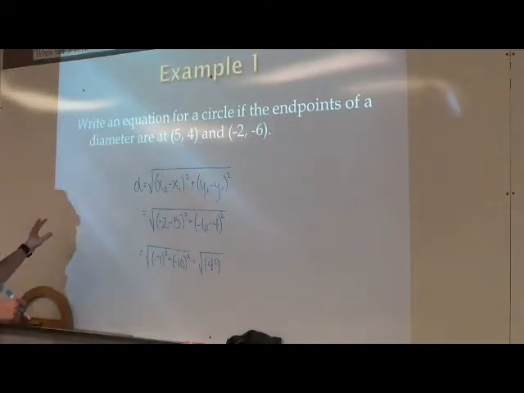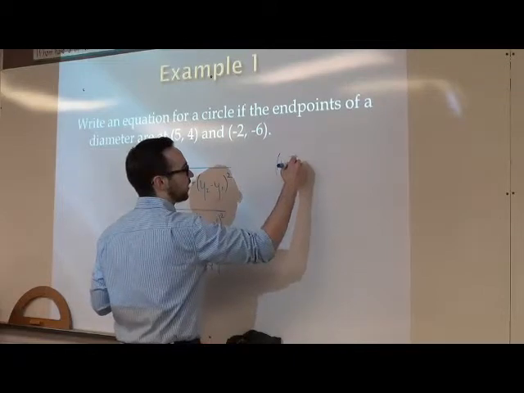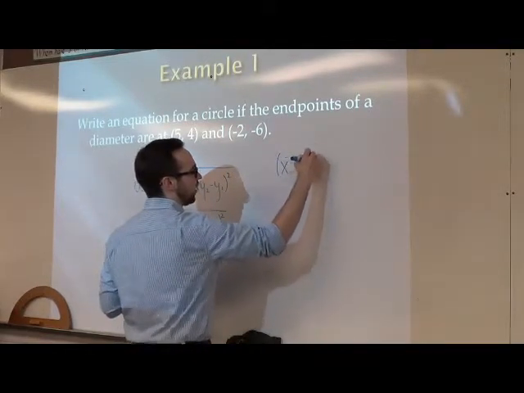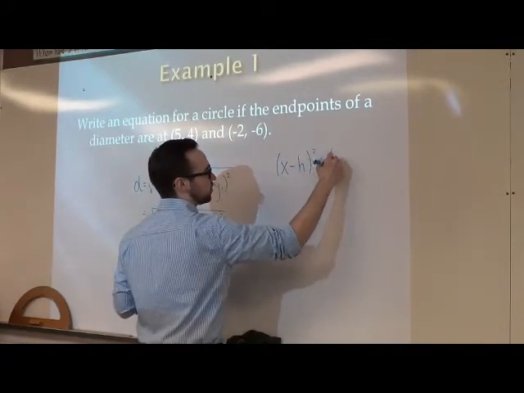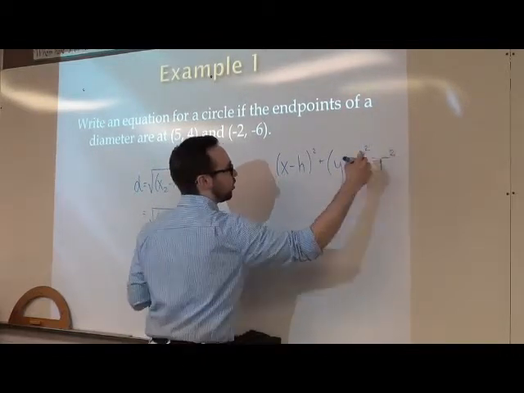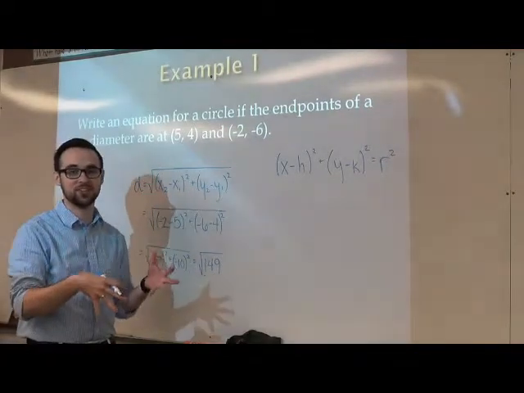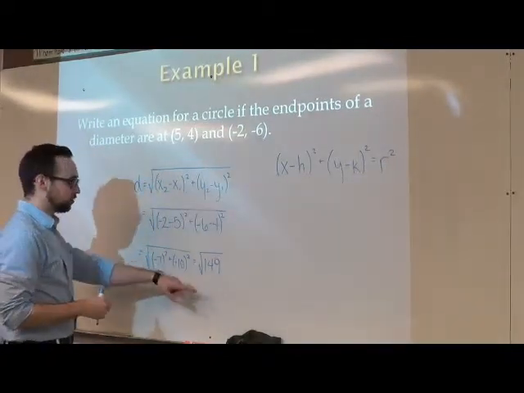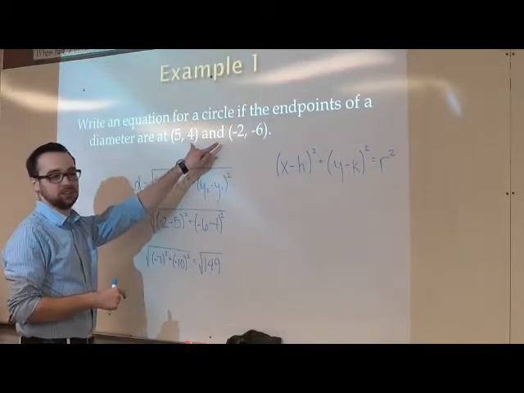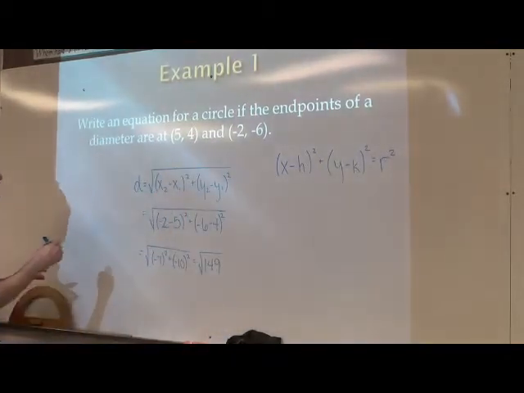So they want the equation. So the equation for a circle is the quantity x minus h squared plus y minus k squared is equal to r squared. Well, I need the center. So we need to figure out what is the center of the circle. Well, that's going to be the midpoint of these, because the center is right in the middle of the diameter, so I need to then go back and find the midpoint of that.